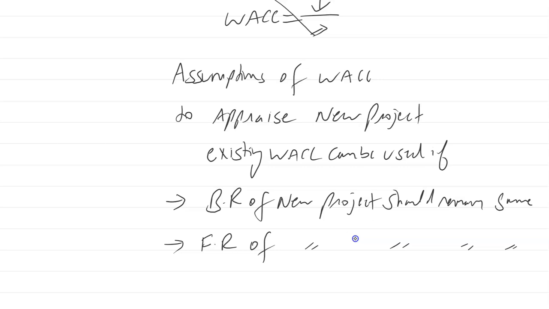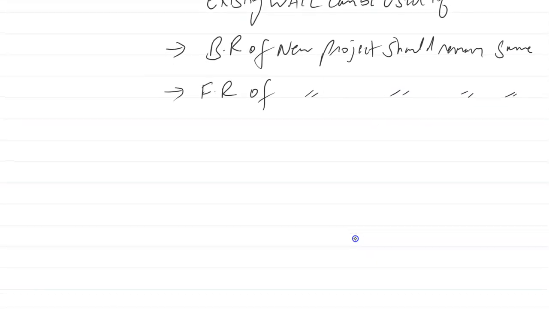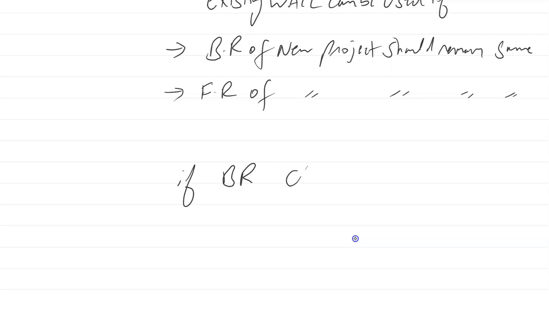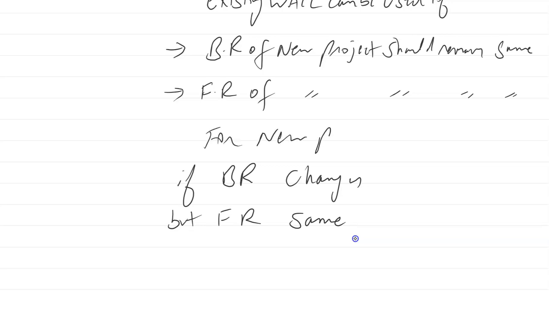If that's not the case, then you will do another calculation. If business changes but financial risk remains the same, obviously for a new project, then you will use the project specific discount rate.